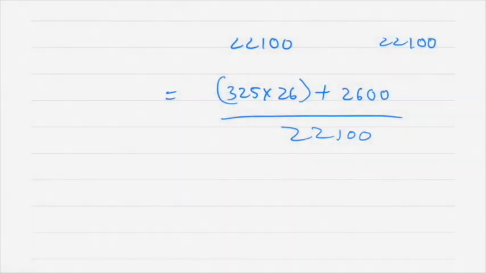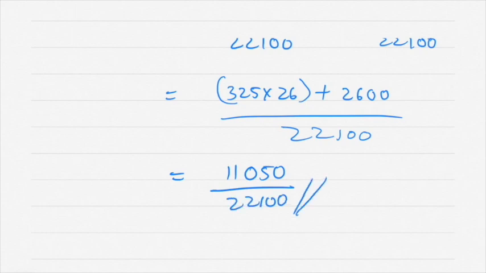It might come in decimals, so I'll just write 11050 over 22100.